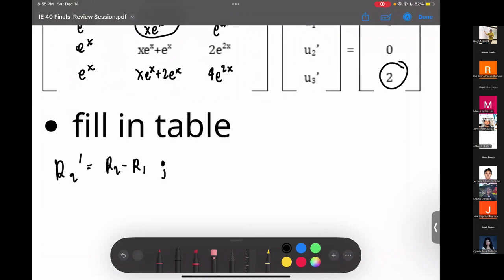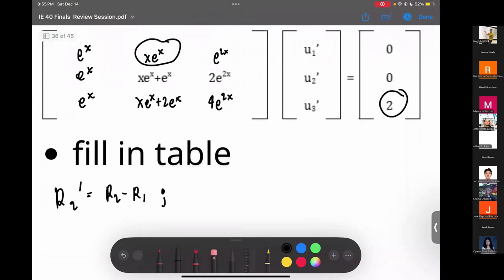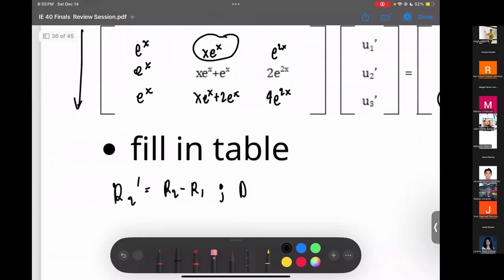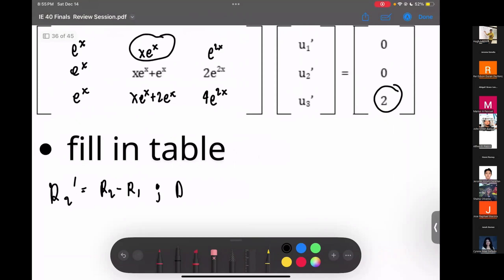So I will do R2 prime equals R2 minus R1. I want to get rid of these two. So R3 prime is equal to R3 minus R1.